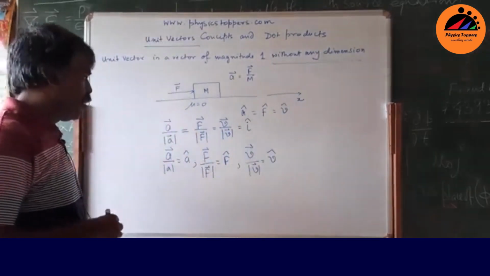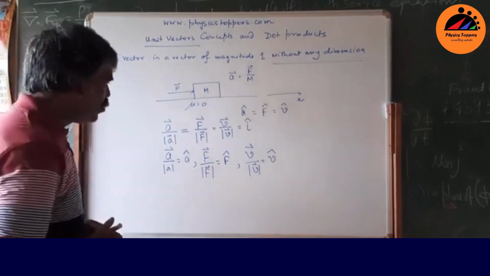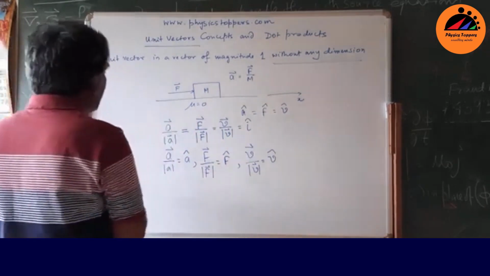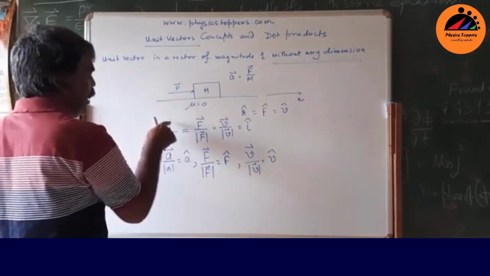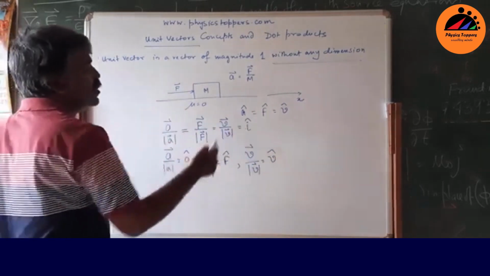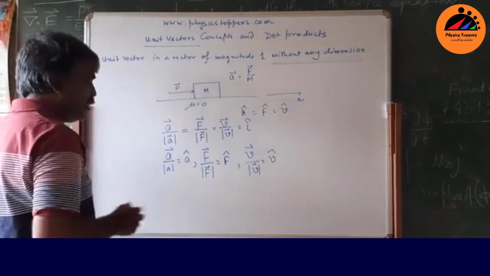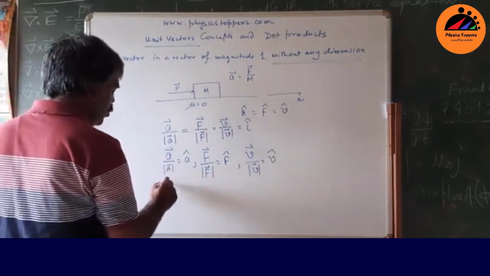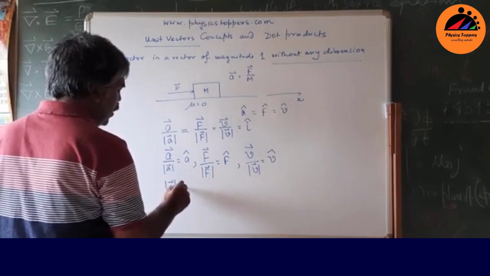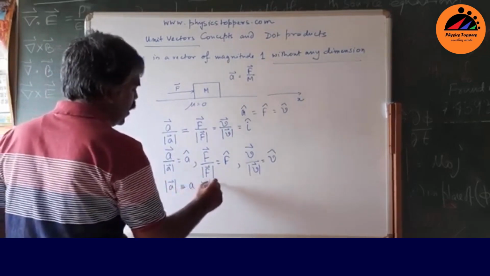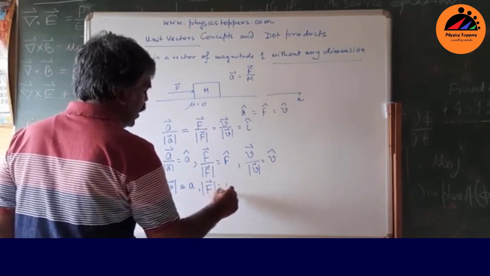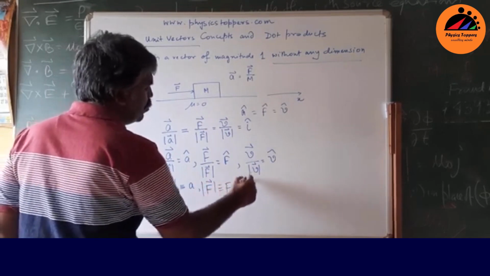Fine. Now suppose then what will be a? So if I consider this equation, a vector by modulus of a is this. Another thing I want to tell you, modulus of a is denoted simply as a. Same, modulus of F is denoted simply as F, and same for v.